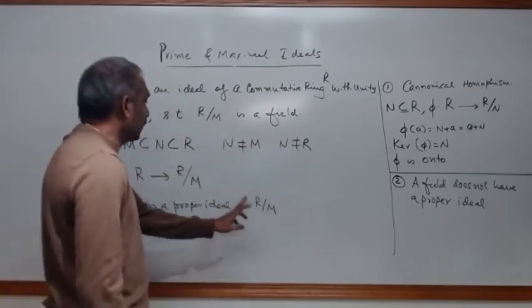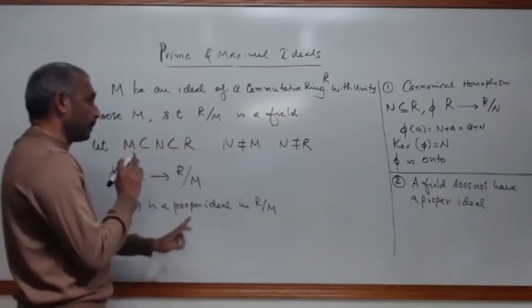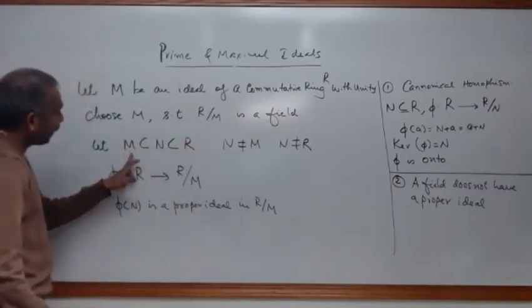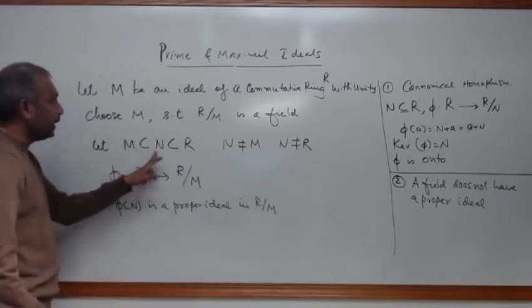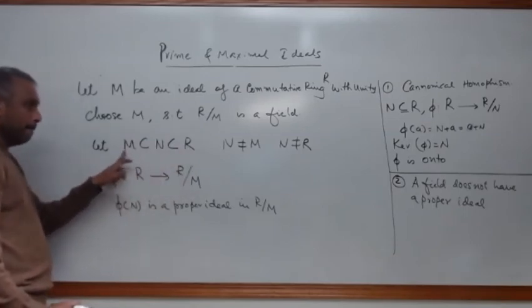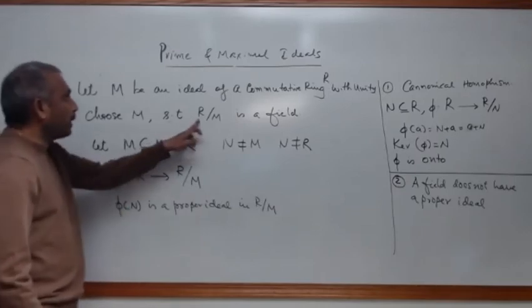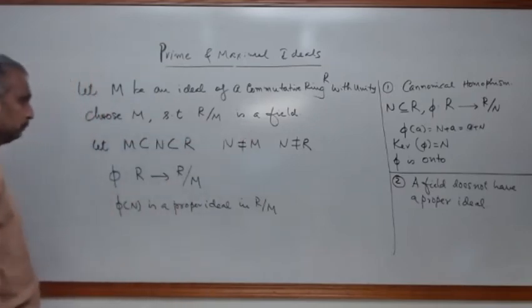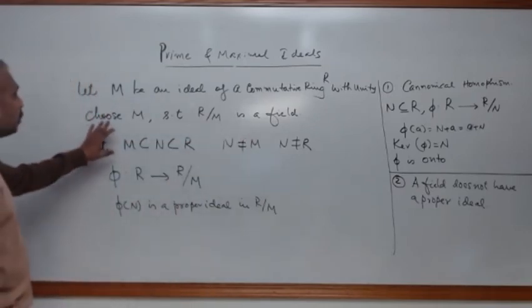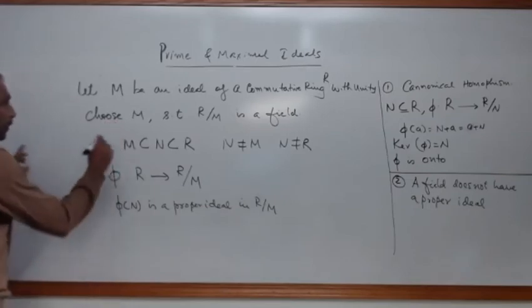So the condition we want is that R by M should not have a proper ideal. If there is a proper ideal in R that contains M, then we cannot have R by M a field. So what should be the condition?